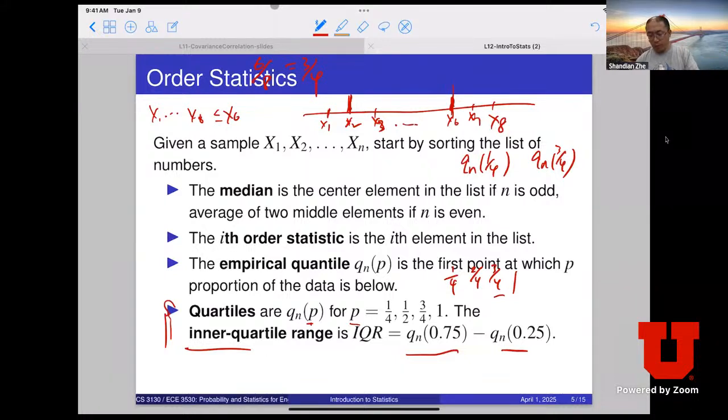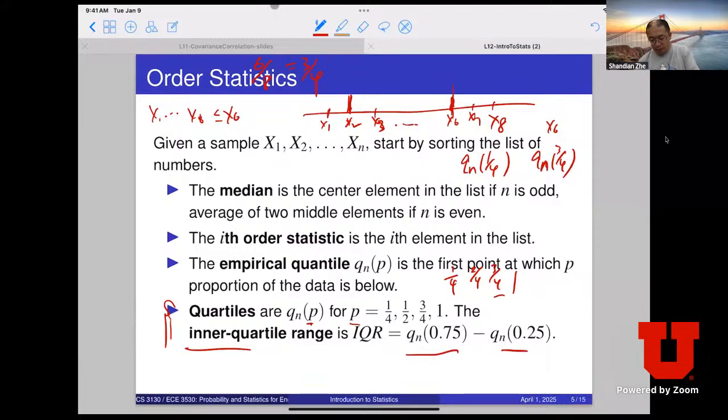That's why X6 is the quartile at 3/4. If you feel uncomfortable with these concepts, that's totally okay. When I was an undergrad student and first looked at these definitions, I felt weird as well. It took me some time to really understand the meaning.